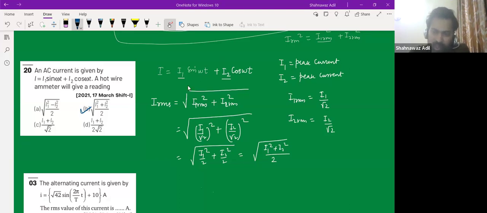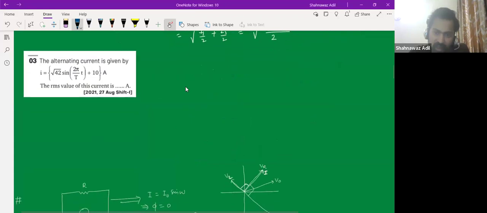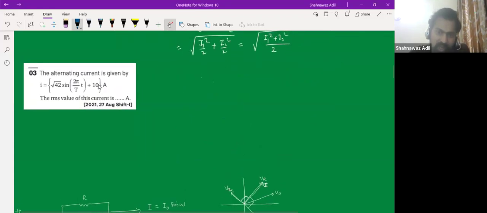Yes, sir. Okay, so now let's do this question, right? But before I do this question, let's understand this. So if I have a function, let's say if I have a function which is I naught sine omega t. This is my function.